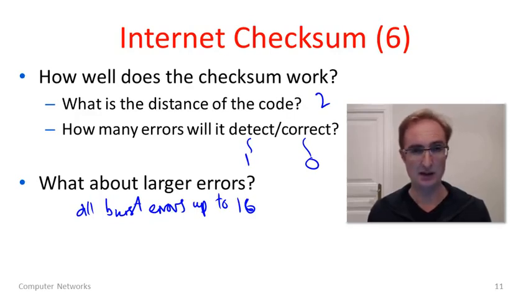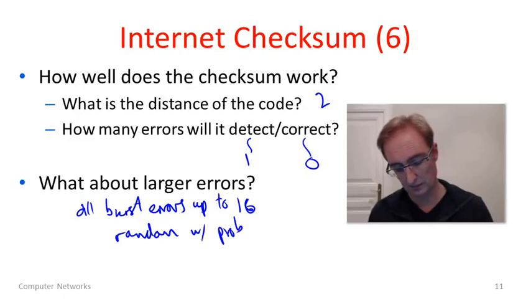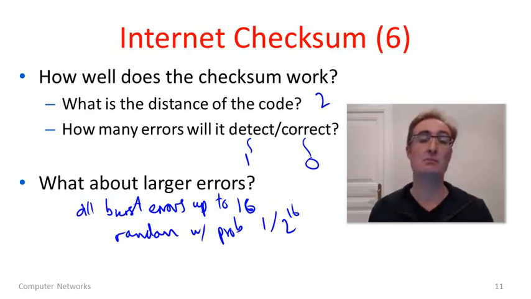If there are much larger errors, in fact, if we just make up random data, then we will detect random data with probability 1 in 2 to the 16. If we just make up data, random data, then since there are 16 bits, there are 2 to the 16 different possible checksum values.